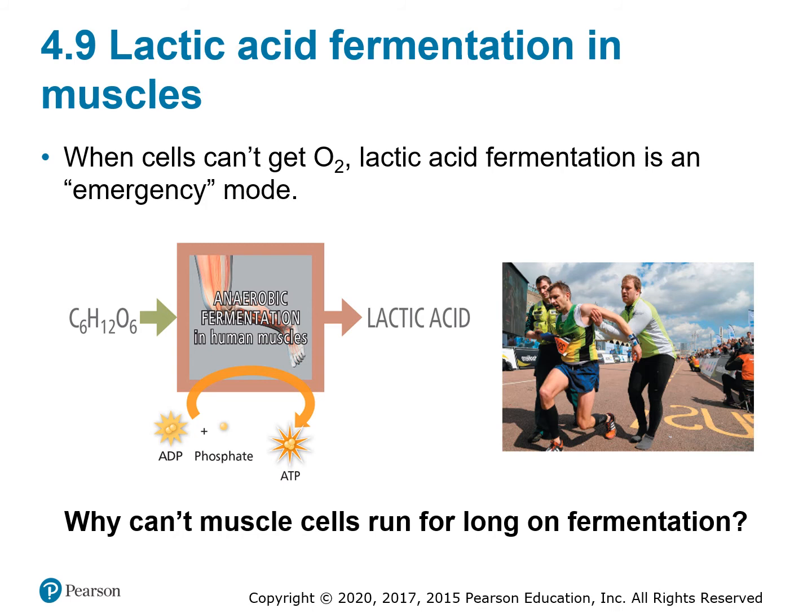Once again, a small amount of ATP is made, but keep in mind that organisms like us that are multicellular, our muscle cells may be able to switch to fermentation for a short amount of time when oxygen is used up too quickly. But overall, as a multicellular organism, we cannot live without oxygen for any extended period of time.